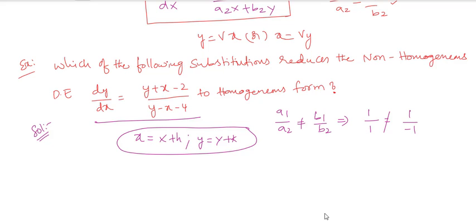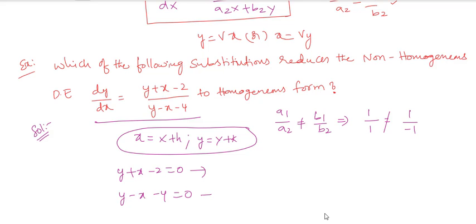Yes or no? So now see this, y plus x minus 2, y minus x minus 4. Usually x is equal to X plus h, y is equal to Y plus k, so I need to substitute that. Now the simple criteria: y plus x minus 2 is equal to 0, and similarly y minus x minus 4 is equal to 0.